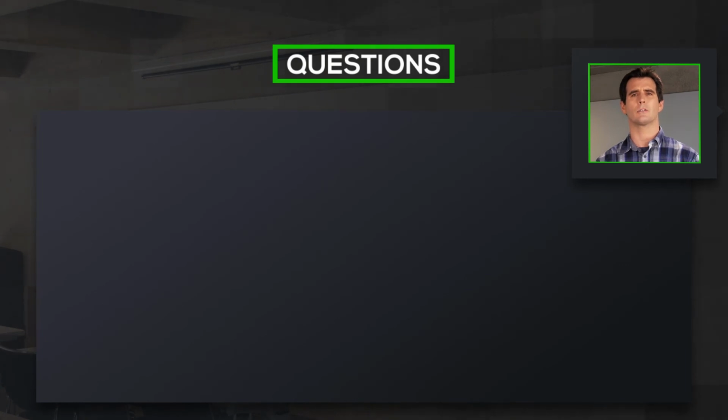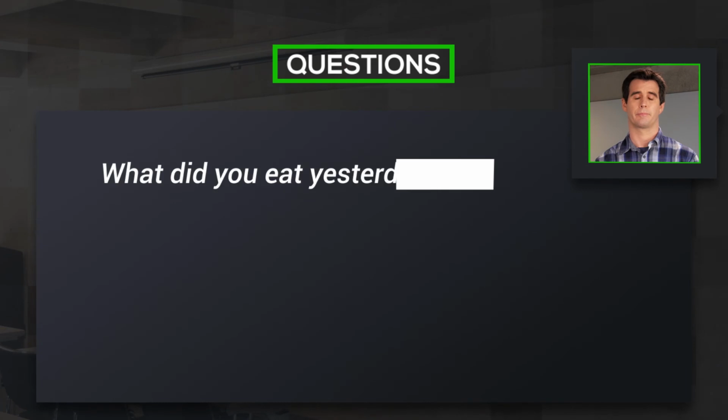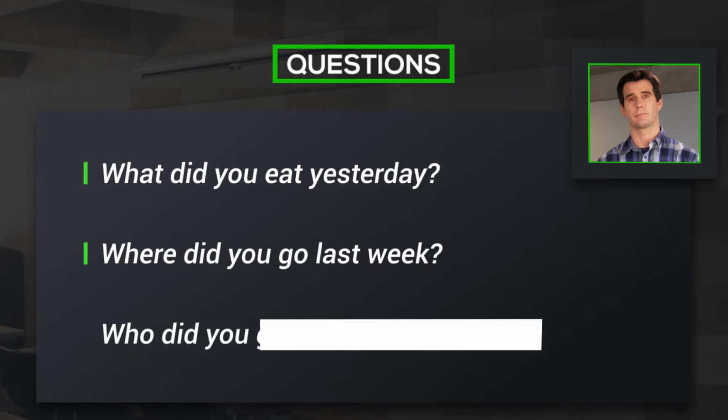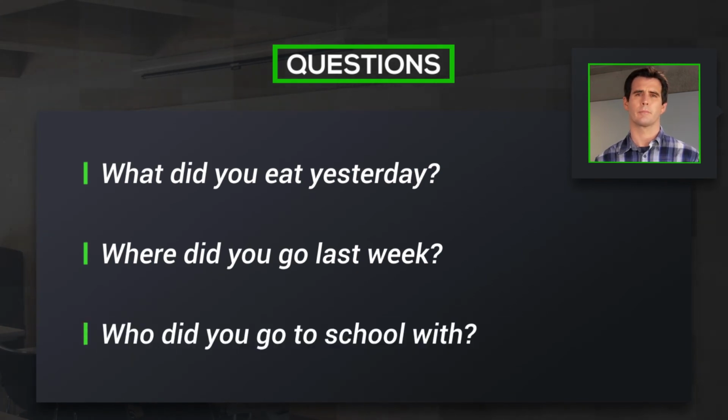Now, let's take a look at how to make information questions. What did you eat yesterday? Where did you go last week? Who did you go to school with? With these information questions, the first word is a question word.